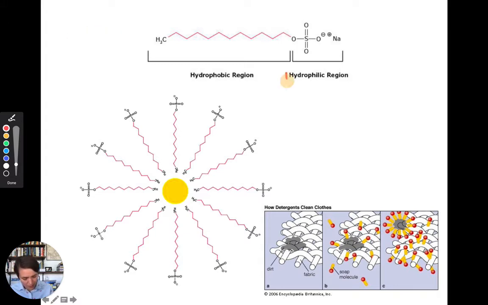So here we have a hydrophilic region, and if you look, this is SDS, doesn't matter, sorry. So we have a lot of oxygens over here. Oxygens are really electronegative. They're going to be pulling electrons towards them. So this is going to be the polar end of the molecule. Right here it says the hydrophilic region.